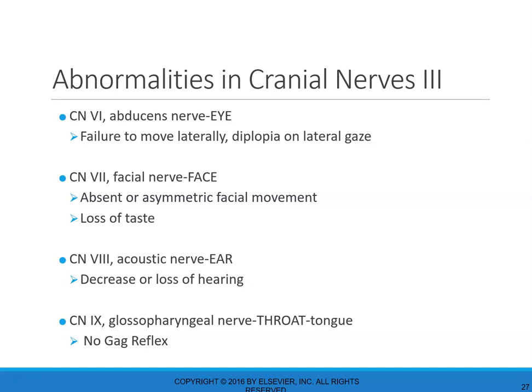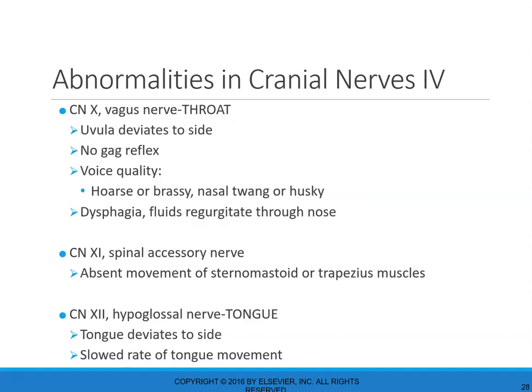9, they won't have a gag reflex. For 10, the uvula deviates to the side, no gag reflex, and they'll have a hoarse or raspy voice.